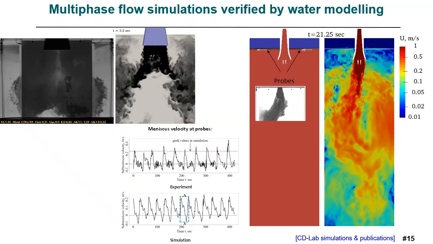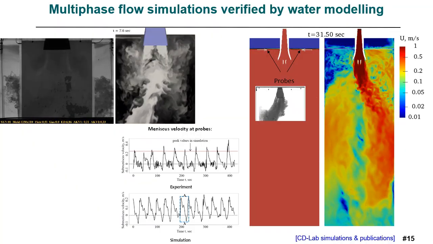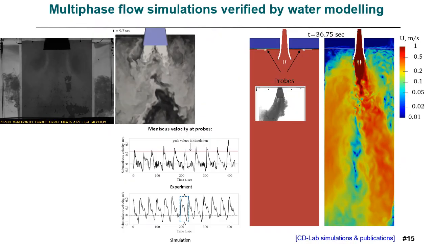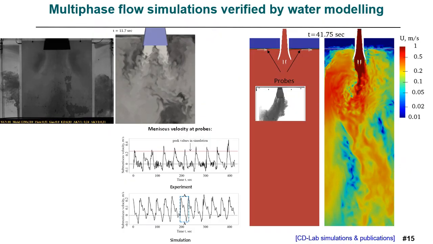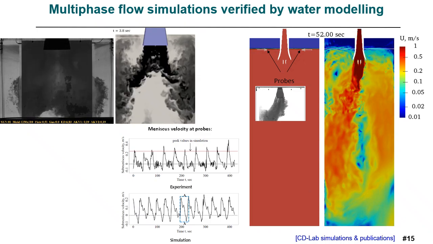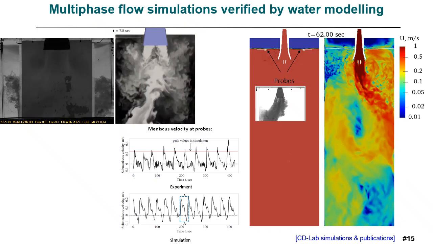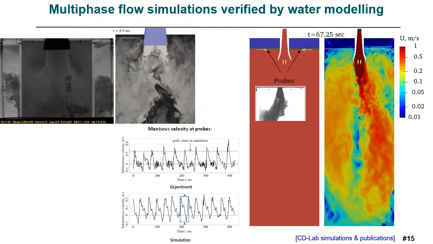We are continuously verifying our multiphase flow simulation, both in regard to the turbulence modeling and to the free surface behavior. As you can see, we study the conventional scenario shown on the left animations, when the traditional double roll pattern is observed.